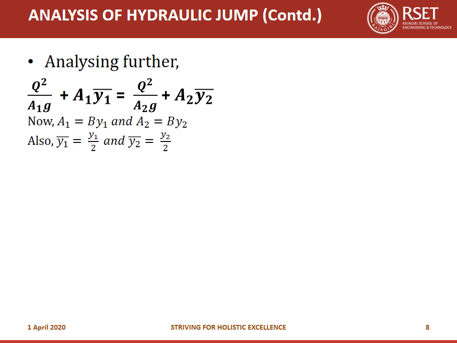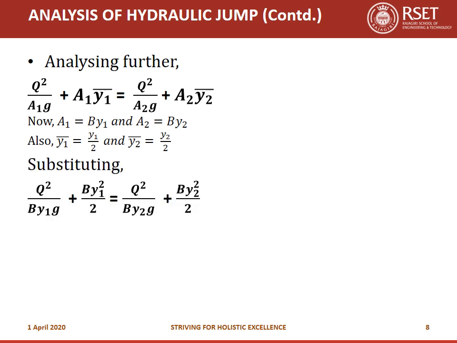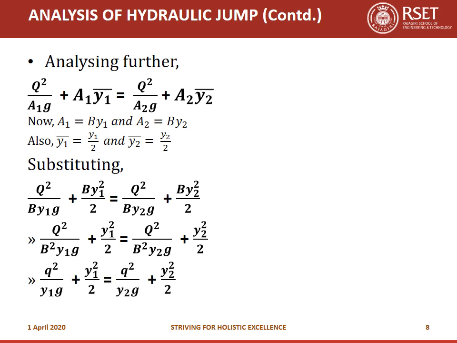Considering these assumptions and these new formulae, I'm going to substitute them back, and I get Q squared by B Y1 G plus B Y1 squared by 2 is equal to Q squared by B Y2 G plus B Y2 squared by 2. Now I'm going to divide throughout by the width B. I get Q squared by B squared Y1 G plus Y1 squared by 2 is equal to Q squared by B squared Y2 G plus Y2 squared by 2.